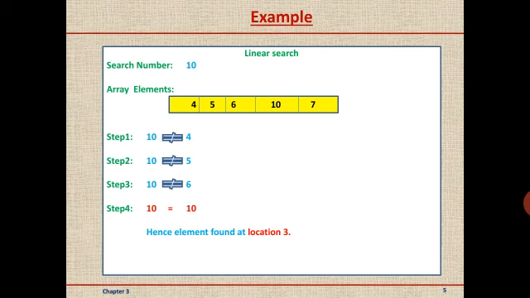Next number is 6. 10 is compared with 6. There is no match. Hence, in step 4, we find that the search element 10 is compared with the fourth element, which is 10 here, and matched. Both are matching. Hence, we can conclude here that the element 10 is found at location 3.